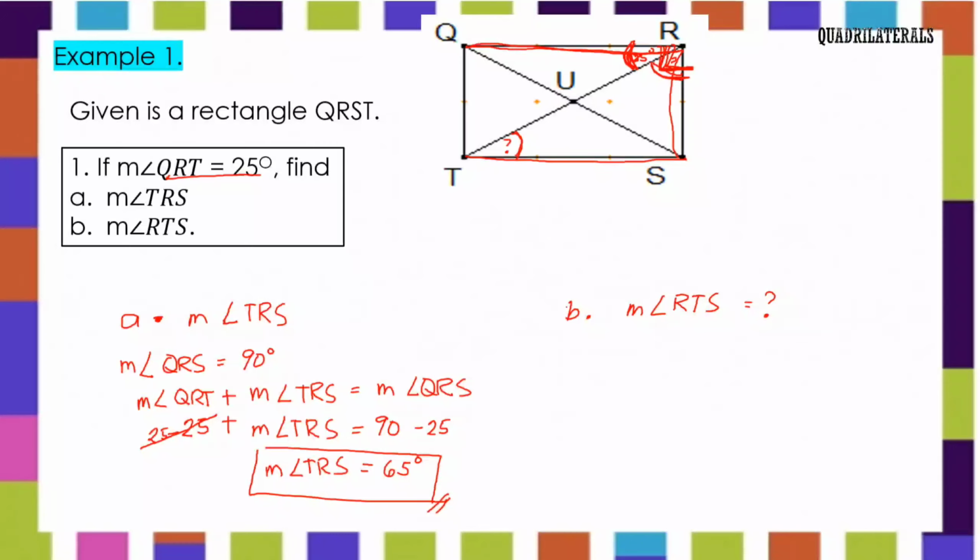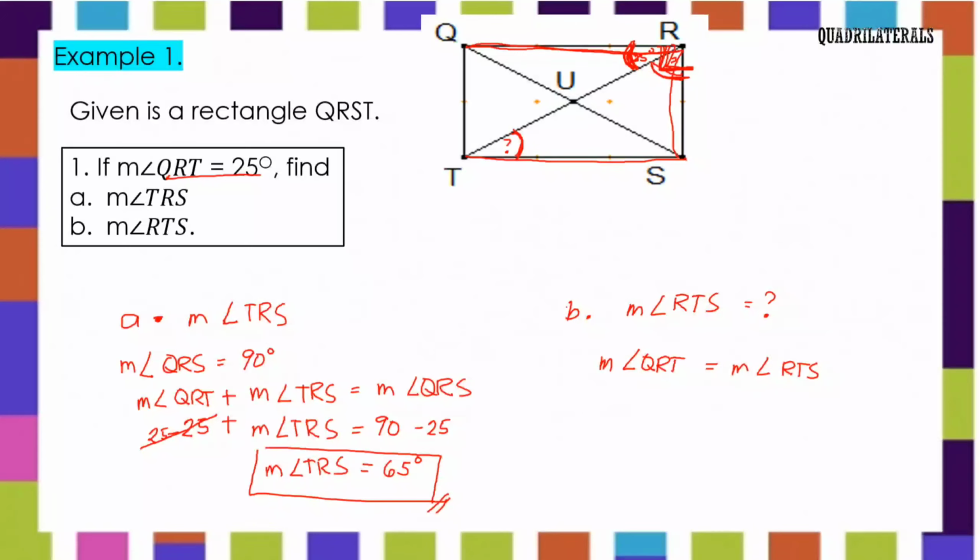Meaning, we can say that the measure of angle QRT is equal to the measure of angle RTS. Since they are congruent. Kasi alternate interior yan. Okay?